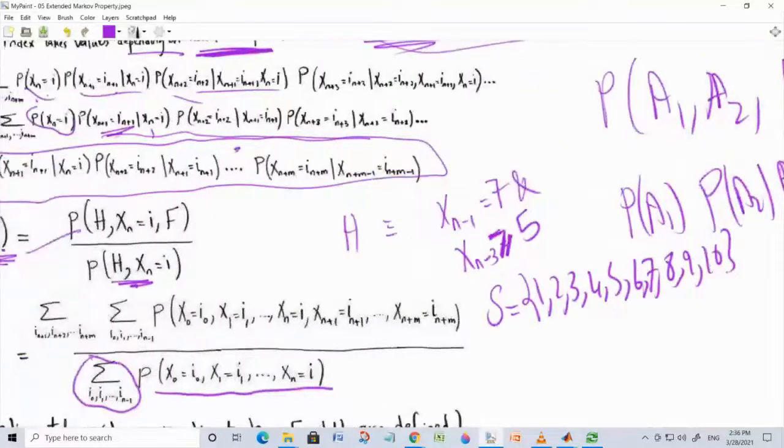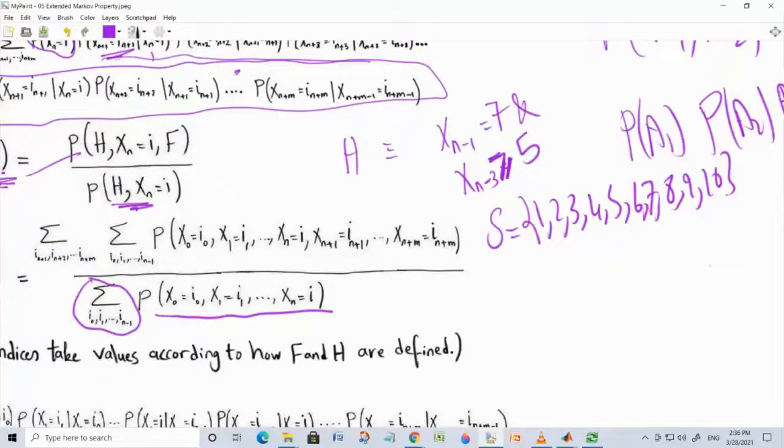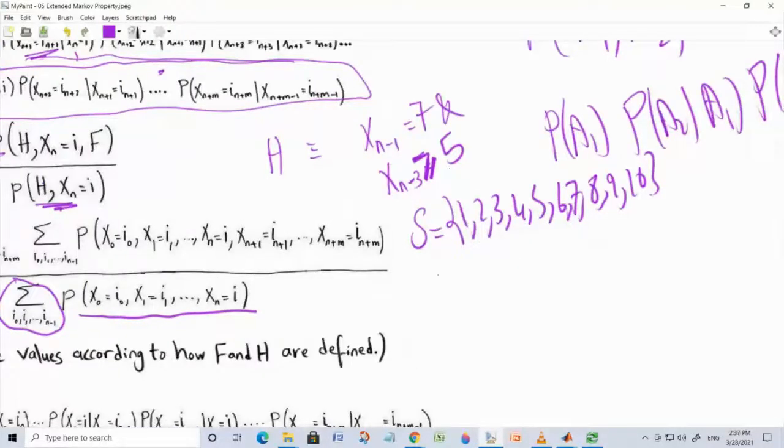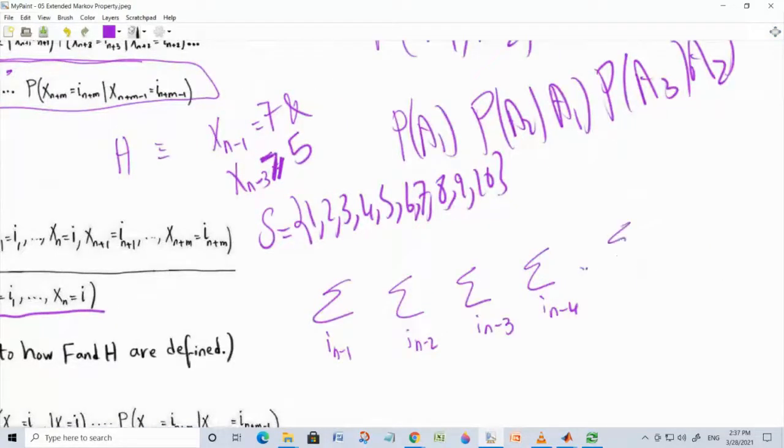To make sure that we understand what we are doing, what will be this summation? Our Bayes expression depends on those terms. So I have a summation over i of n minus 1, a summation over i of n minus 2, a summation over i of n minus 3, a summation over i of n minus 4, all the way to i of 0.